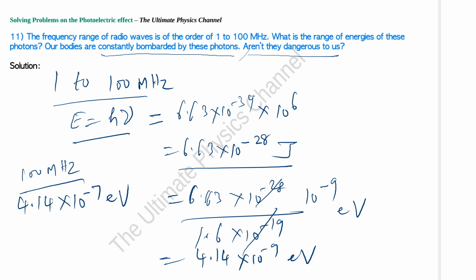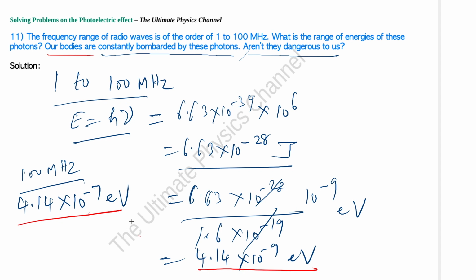So these two values, for the given range of frequencies of 1 megahertz and 100 megahertz, are the values of energy, right? And they are very small. So even if our bodies are constantly bombarded by these photons, they cannot cause any damage to the cells in the body, right? The atoms in the cells will not be particularly excited by these small energies.